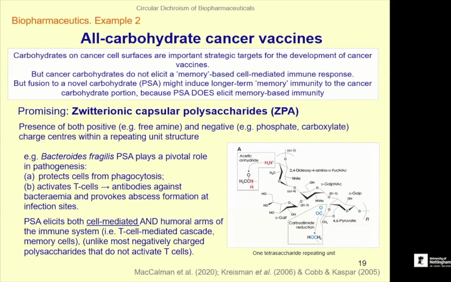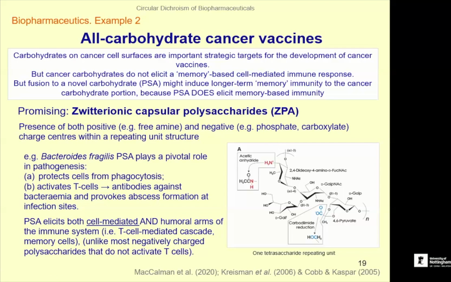So the alternative suggestion is, well, can we elicit a T-cell response by using all-carbohydrate cancer vaccines? This is what this paper is about: whether that can be done, and what the properties are of such a carbohydrate antigen to elicit that long-term response. So one promising avenue is to fuse your cancer carbohydrate to another carbohydrate, your carrier as it were.